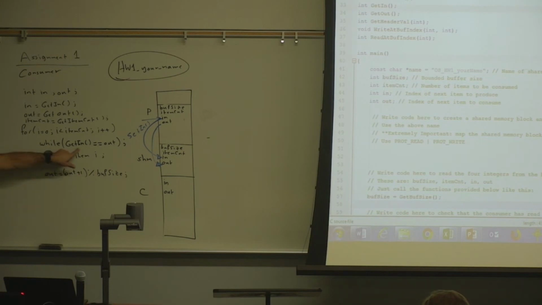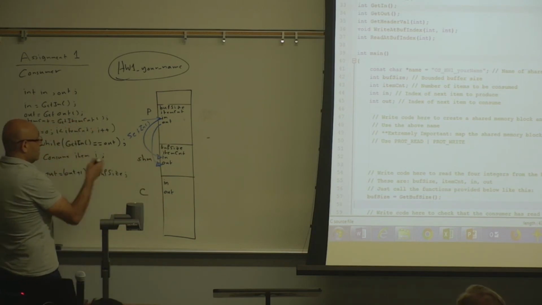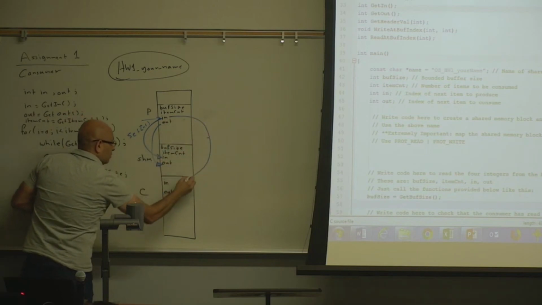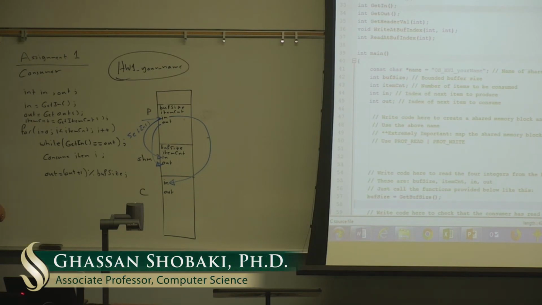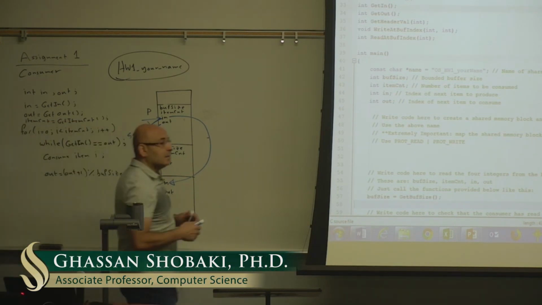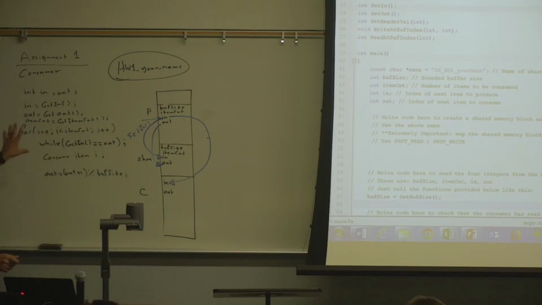It must get the most up-to-date value by calling get in. And get in means this. So this is the consumer. Get in means copy this into this. This is what get in does. Okay. So these are the key ideas.